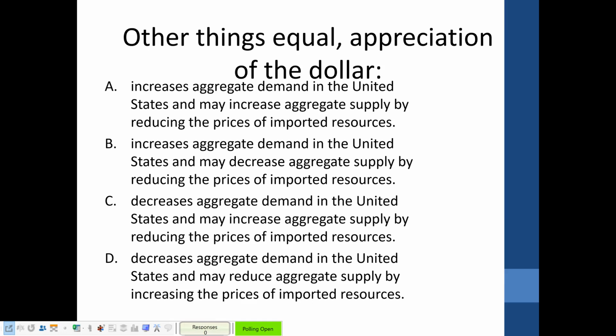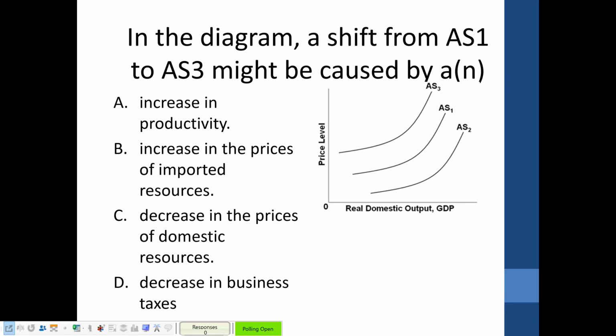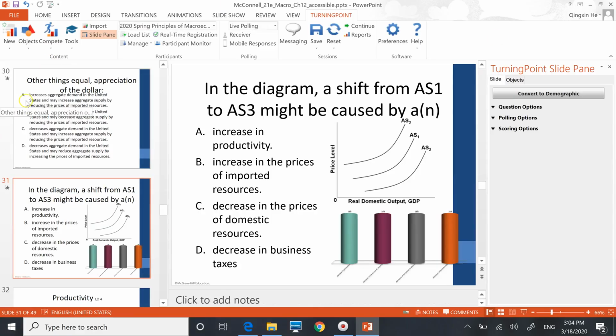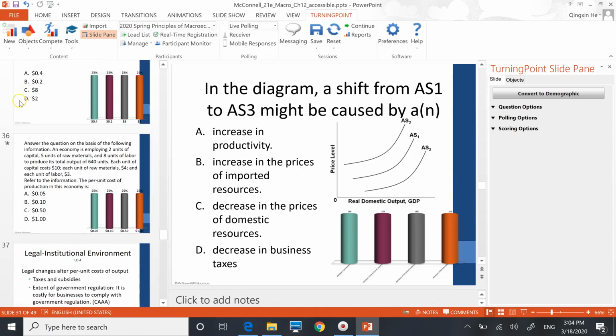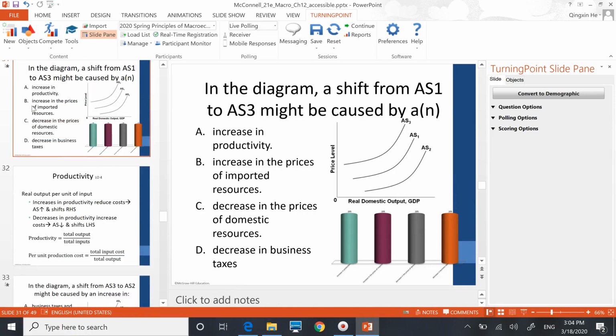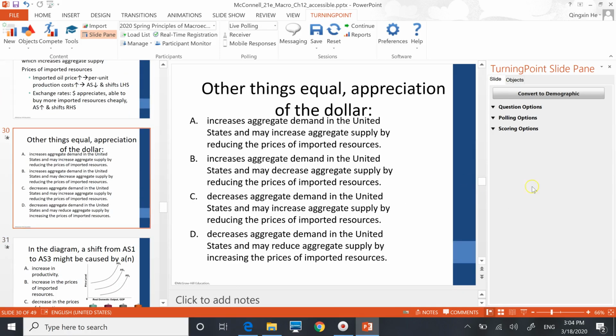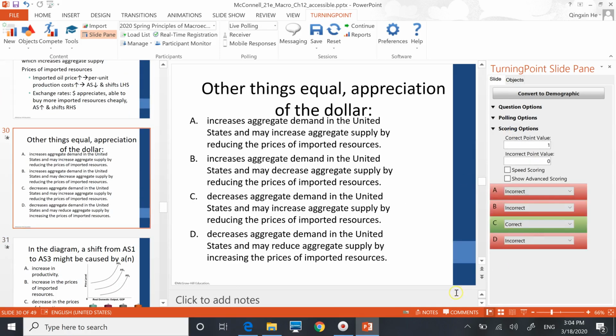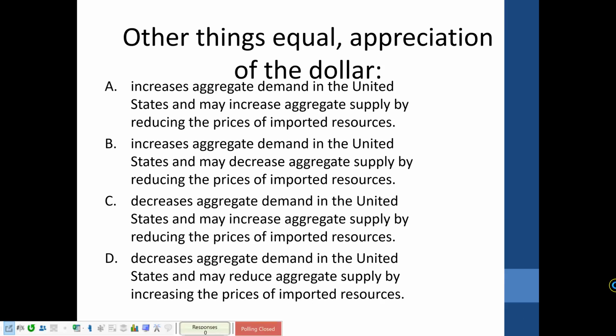I'll assume you finished doing this one. So the answer to this question is option C. Why is that?